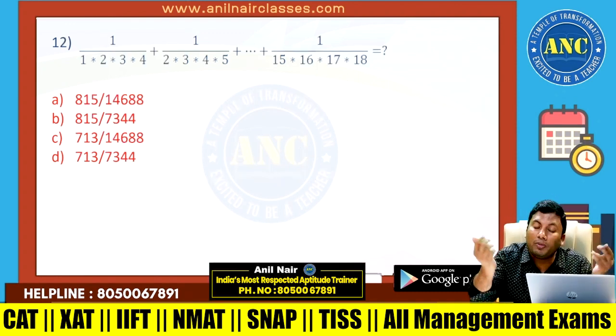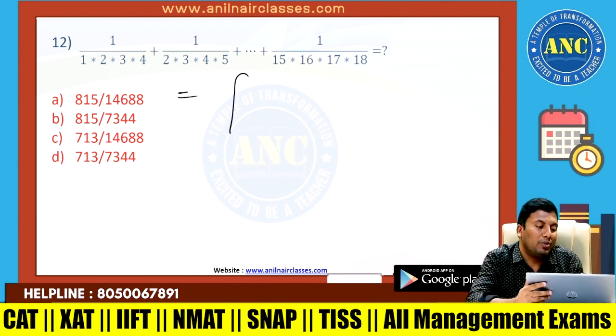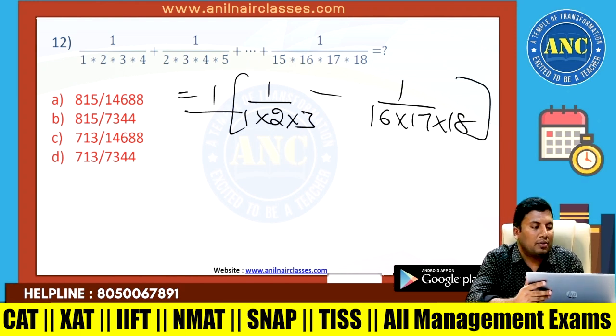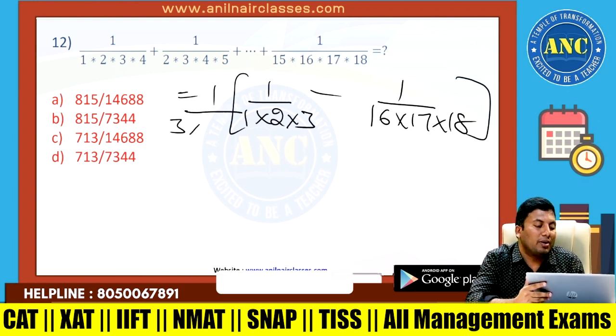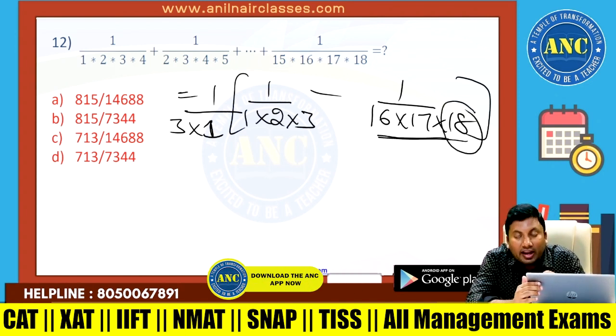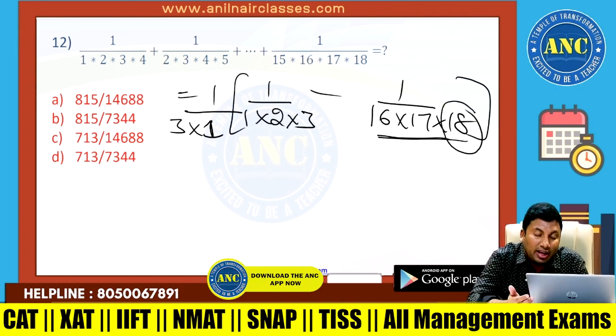Next, 4 numerical values are there. If 4 numerical values are there, write the first 3 numerical values and write the last 3 numerical values. Minus 1, so 4 numerical values are becoming 3. Common difference is 1. 1 by 3 into 1. Now if you observe, 4 numerical values are there. Last 3 numerical values, 18. 18 is 2 into 9.